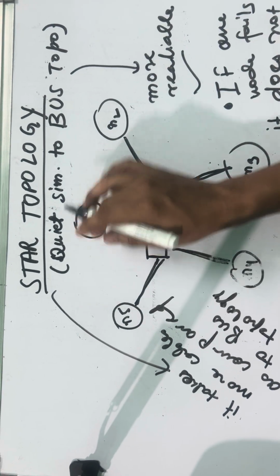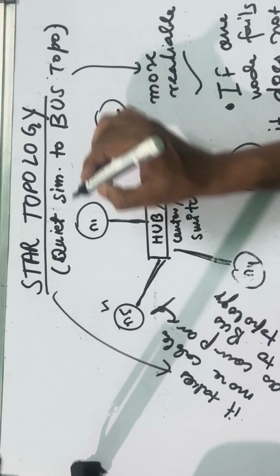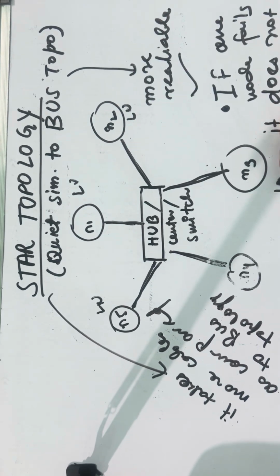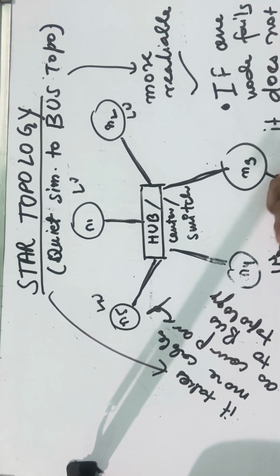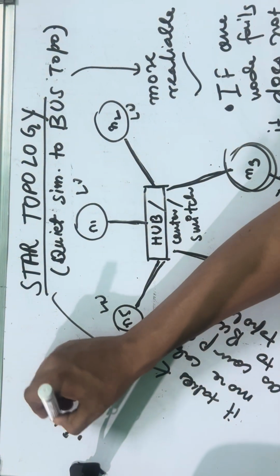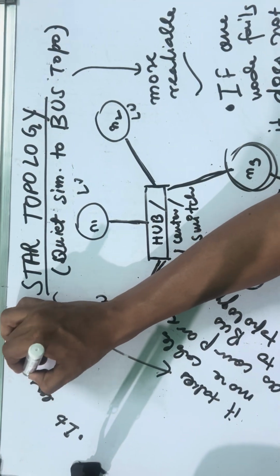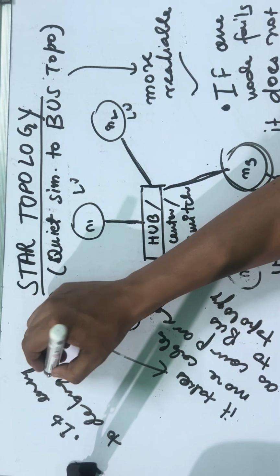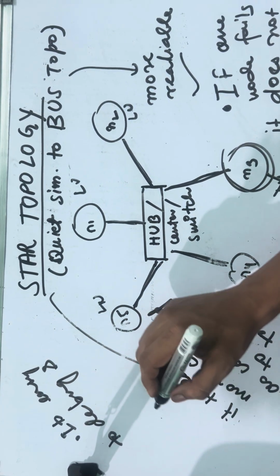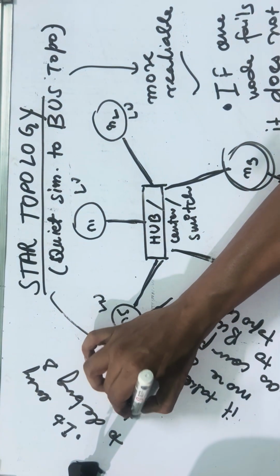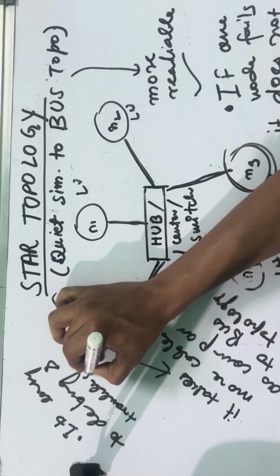For example, imagine them as lights. This lights up, this lights up, this lights up, this doesn't light up. Since this doesn't light up, it's easy to debug. Another word is troubleshoot. It's easy to troubleshoot.